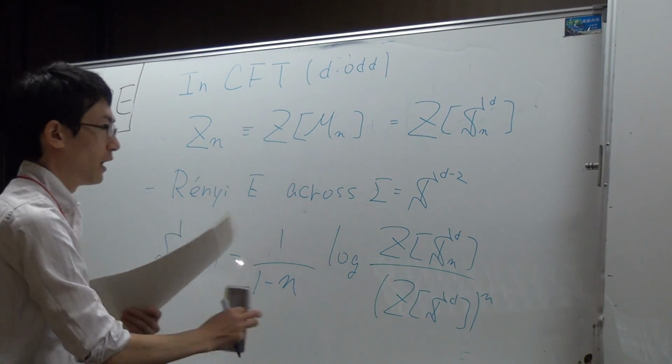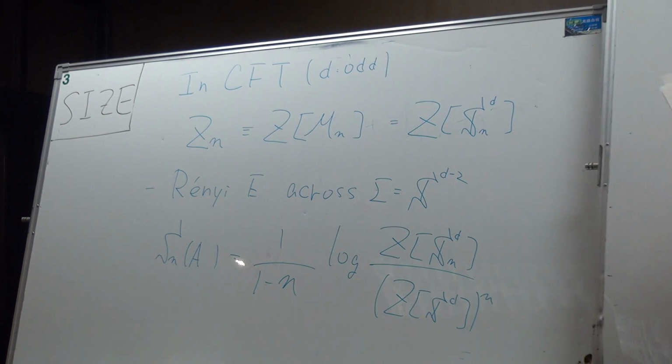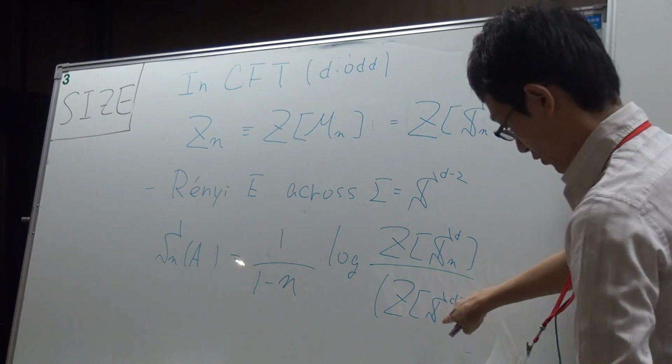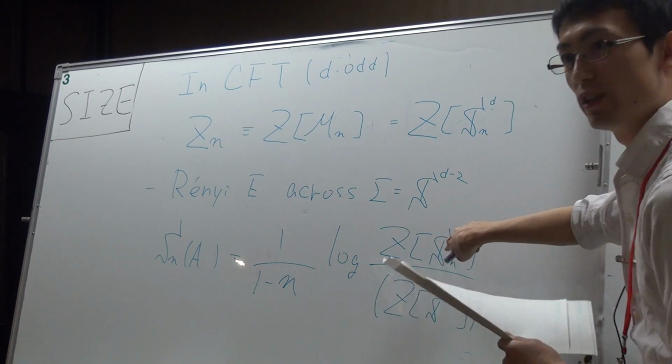Okay. And after taking the n goes to 1 limit, we have a very interesting relation between the entanglement entropy and the sphere partition function. So here we have a sphere partition function, and also the n-covering sphere partition function here.